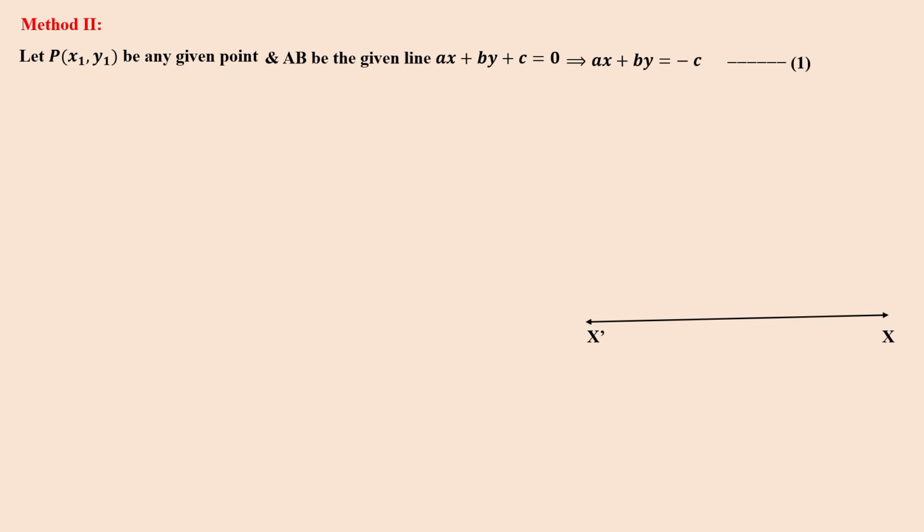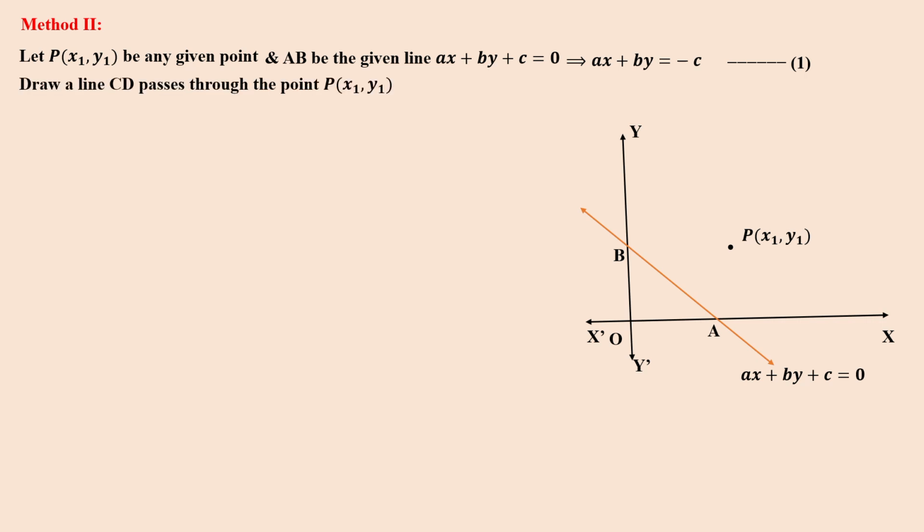So now draw XX dash X axis, YY dash Y axis, O is the origin, line AB, AX plus BY plus C equal to 0, right? Let P x1 y1 be any point, right? So draw the line CD which passes through the point P x1 y1 and is parallel to AB.